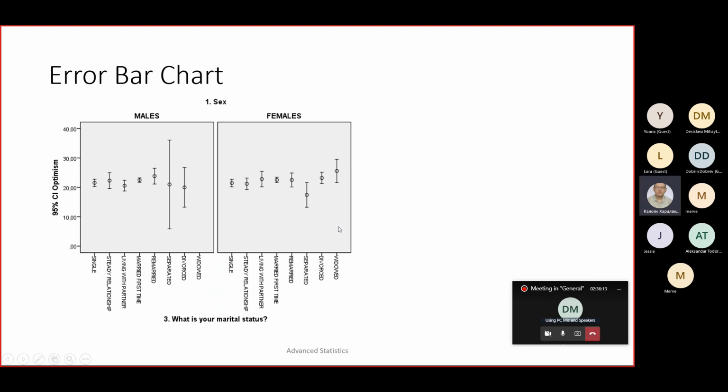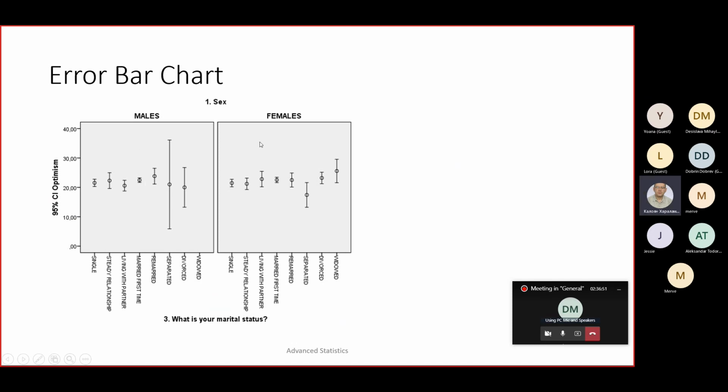with two groups, males and females, and within the group of males with different marital status, and also within the group of females with different marital status. Here we can compare different marital status within each group, and here we can compare both groups.